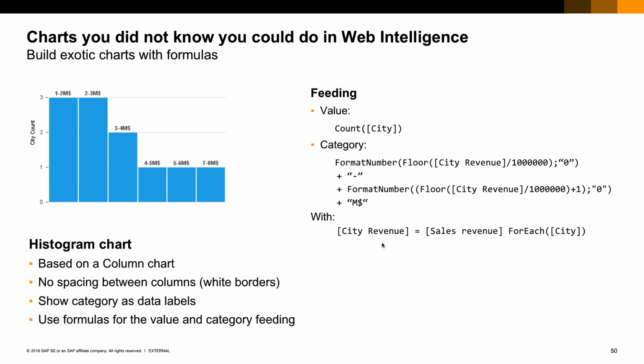And when I'm building this string on the category axis, I need to format the city revenue numbers into strings. I'm using here some special format to make it nice, such as the minus here and the millions of dollars as a currency, and this is what you're going to use in your category then.